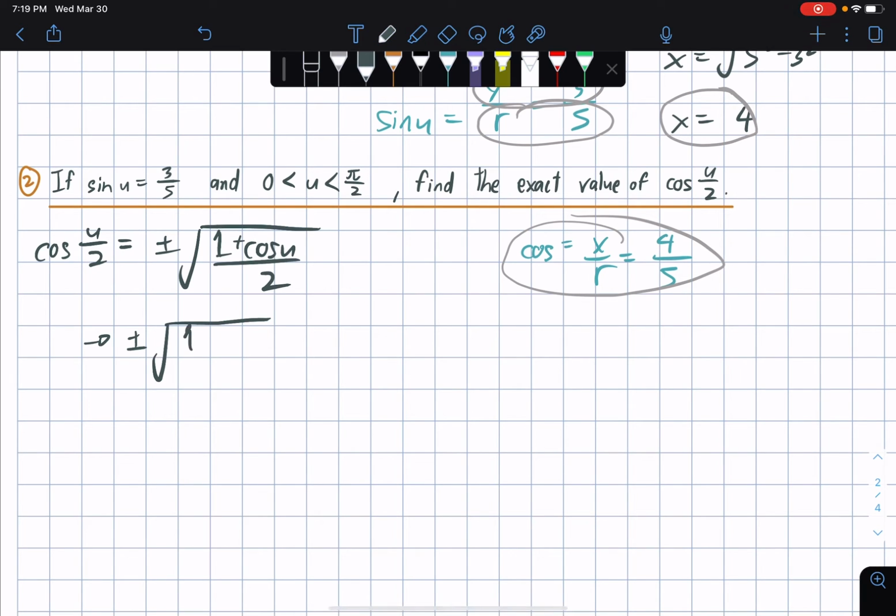So 1 plus 4 over 5 divided by 2. Put this in the calculator or calculate it manually. Your answer would be plus minus 3 times the square root of 10 over 10. Or the answer could also be in decimal form, plus minus 0.9487.